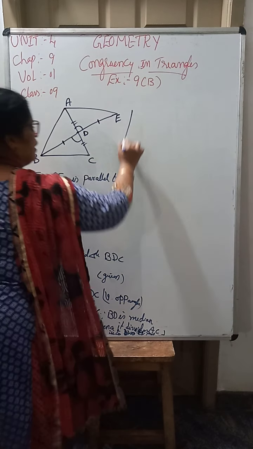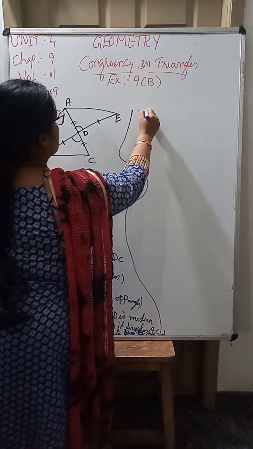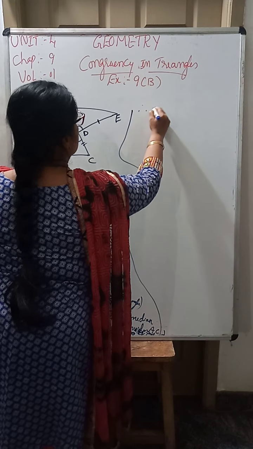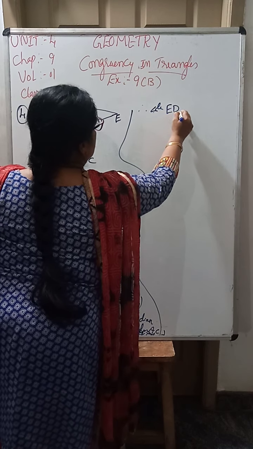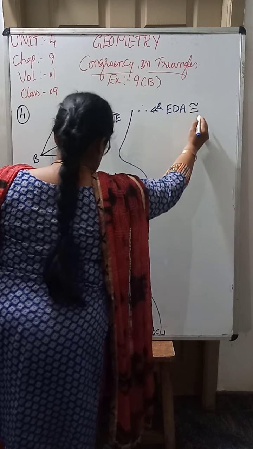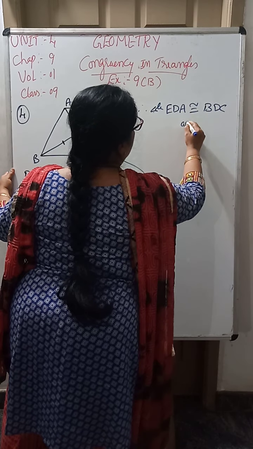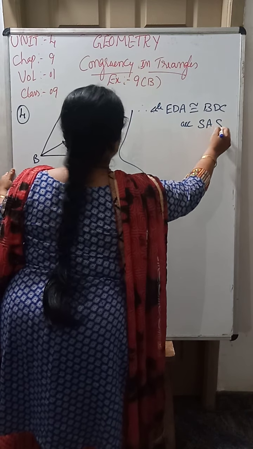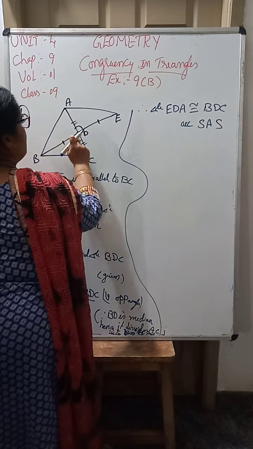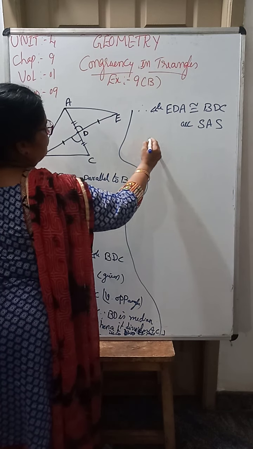Now let me continue the problem to show the congruency. Therefore triangle EDA is congruent to triangle BDC according to side angle side.